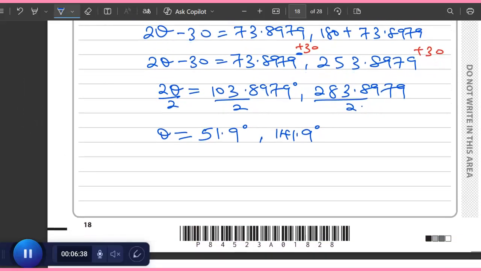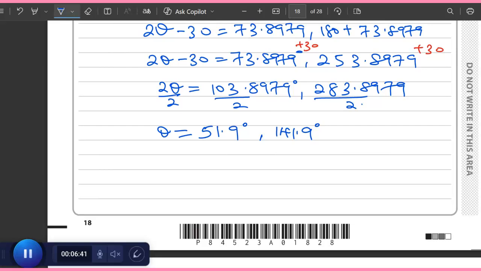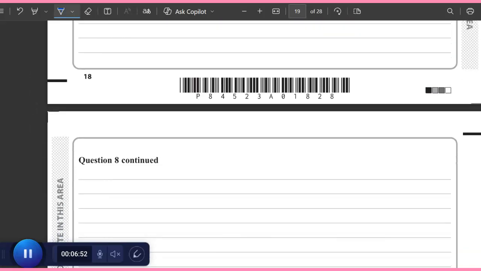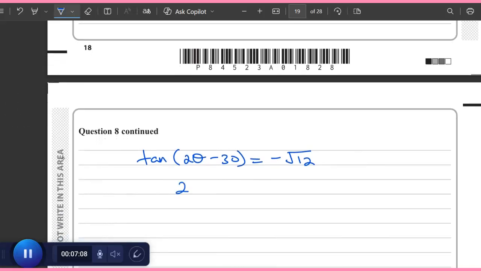We can also do the same when tan of (2 theta minus 30) is equivalent to negative root 12. So part 2, we'll do the same when tan of (2 theta minus 30) is equivalent to negative root 12. In this case, still we'll get the basic angle. Therefore, we'll have 2 theta minus 30 equals the tan inverse of negative root 12.